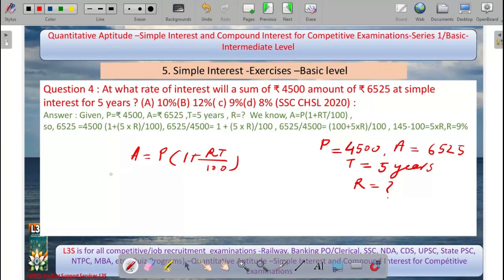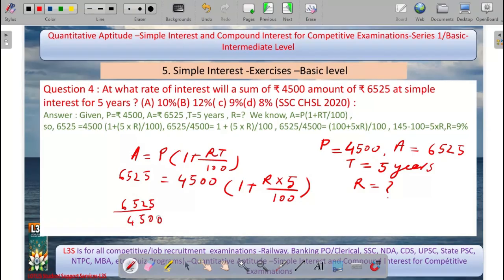So by this formula we can easily do it. 6525 is equal to 4,500 times 1 plus R into 5 by 100. So 6525 by 4,500 is equal to 1 plus 5R by 100.